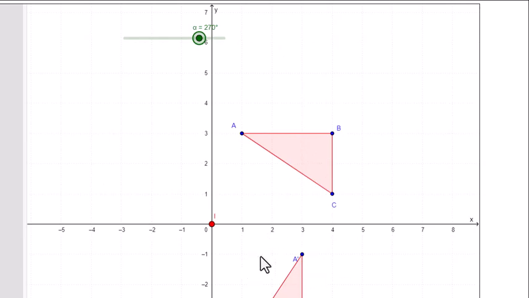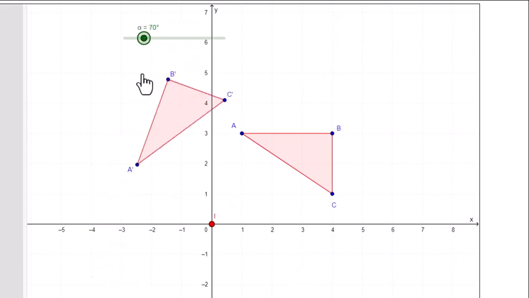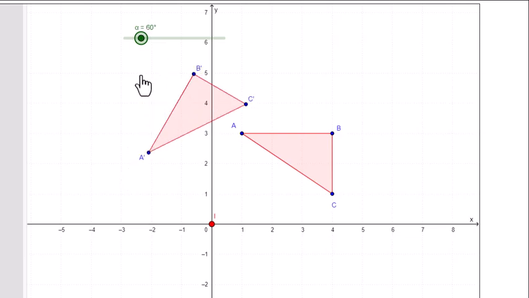So on your homework, you're going to explore some of the different rotations, and the 90-degree, 180, and 270-degree rotations are the easiest ones. So those are the ones you're going to explore. But if you want to, you can also play around with this applet and explore other rotations as well, like a 60-degree rotation, and see how that affects it.